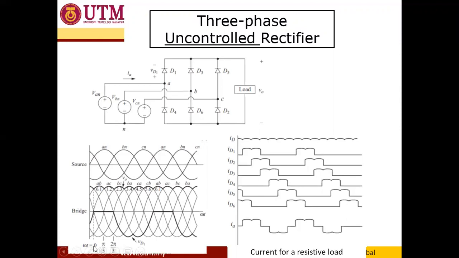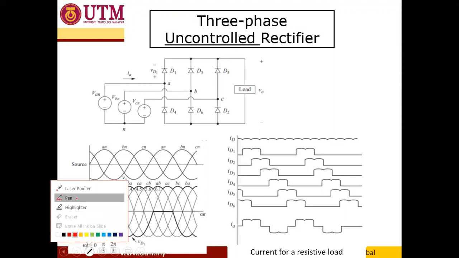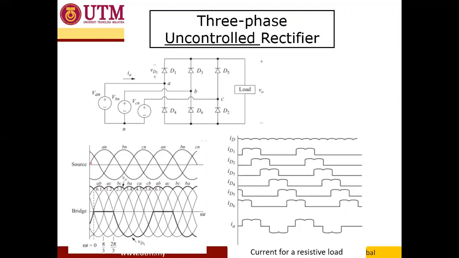For a full cycle of VAN, you can see that the number of pulses at the output side is 1, 2, 3, 4, 5, and 6.